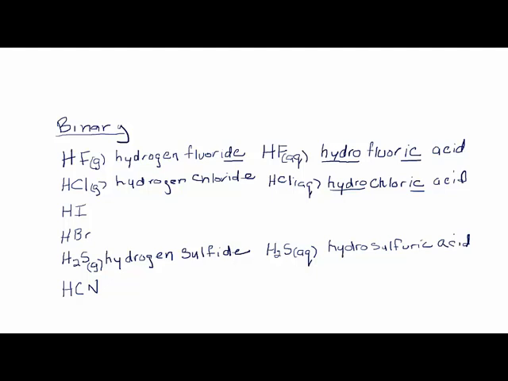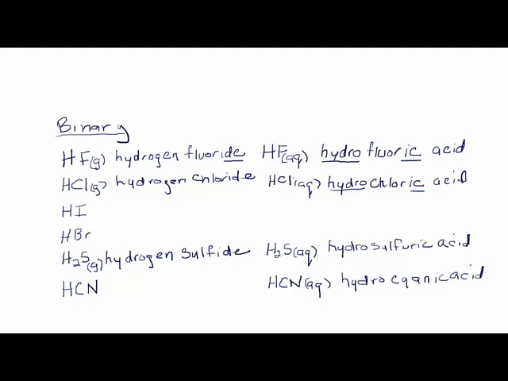But hydrogen cyanide's been around so long that when we bubble the gas into water and it dissolves, we call this hydrocyanic acid. So that one's sometimes tricky. Just remember that HCN, hydrogen cyanide, becomes hydrocyanic acid. These are binary acids.